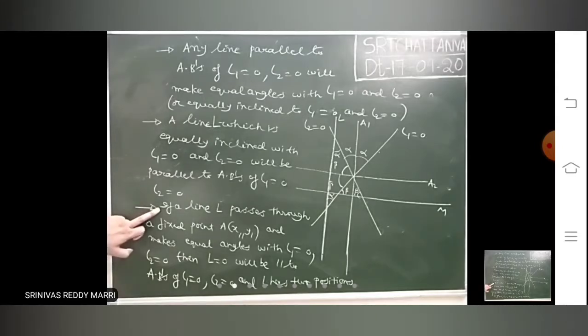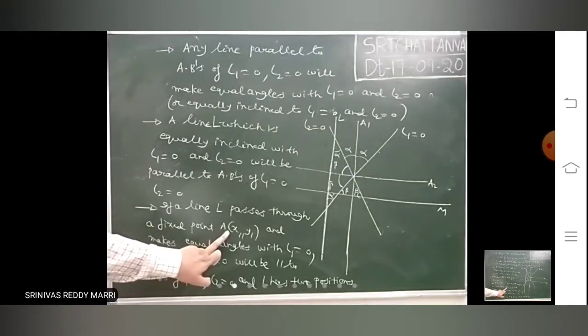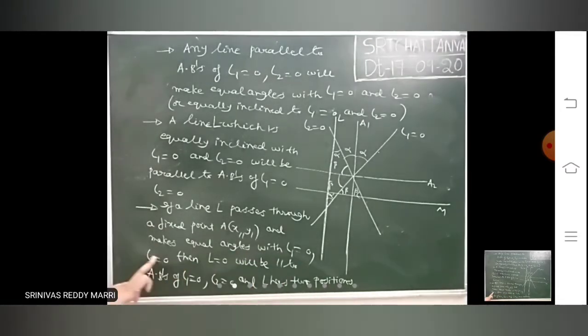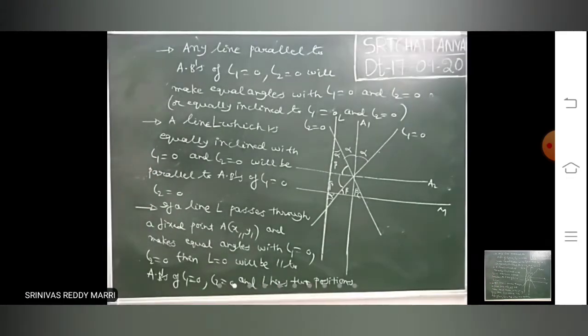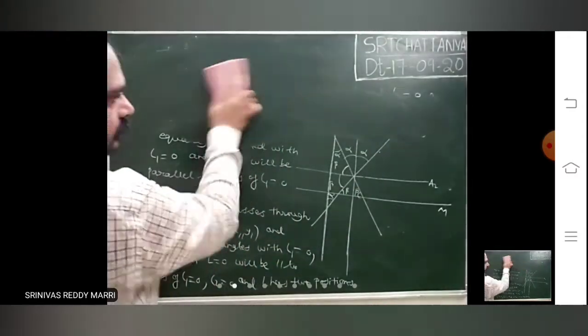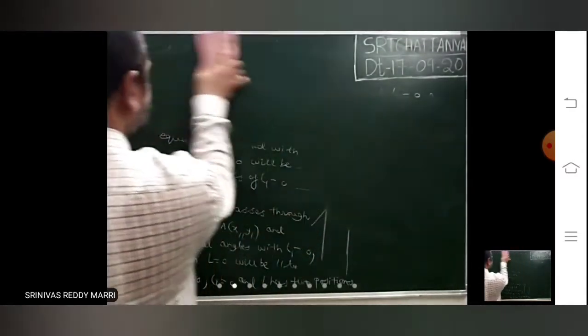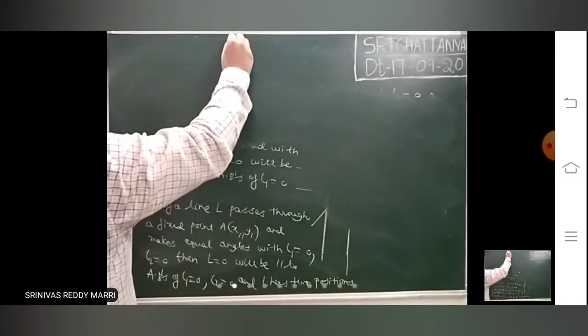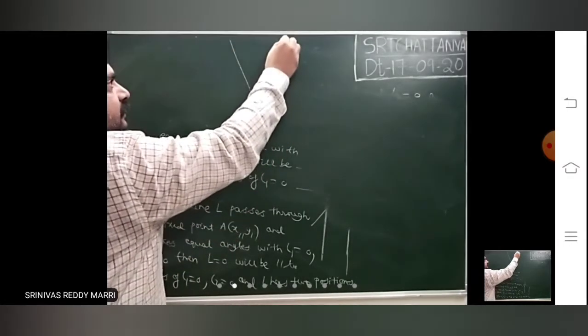Suppose a line is passing through a fixed point and makes equal angles with these two lines. Then this line will be parallel to angular bisectors, as I told, and L will have two positions. Look at it. Suppose two lines are there like this.